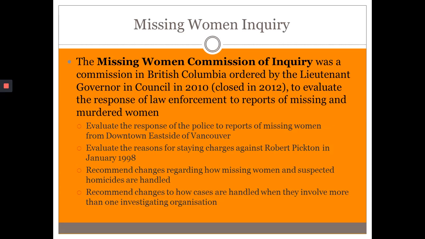Other people have suggested maybe it's because, as with a lot of Picton's victims, where those women were sex workers, sex workers themselves are, regardless of ethnicity, very undervalued members of society.